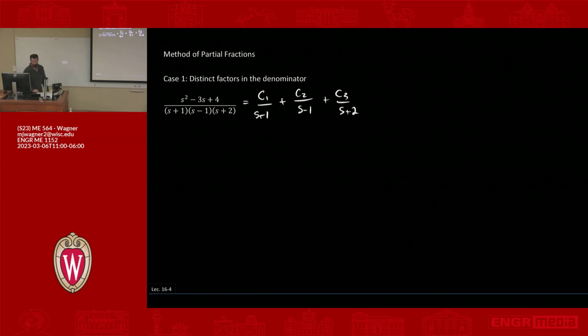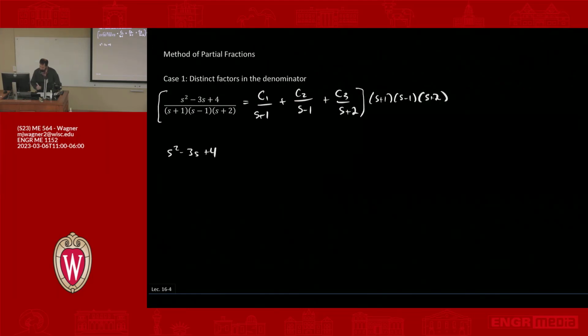So what I would do is take this entire function here, and clear the denominator by multiplying by the left-hand side denominator. So I'm going to multiply everything here by s plus 1 times s minus 1 times s plus 2. That makes the left-hand side s squared minus 3s plus 4. The denominator is clear over there.